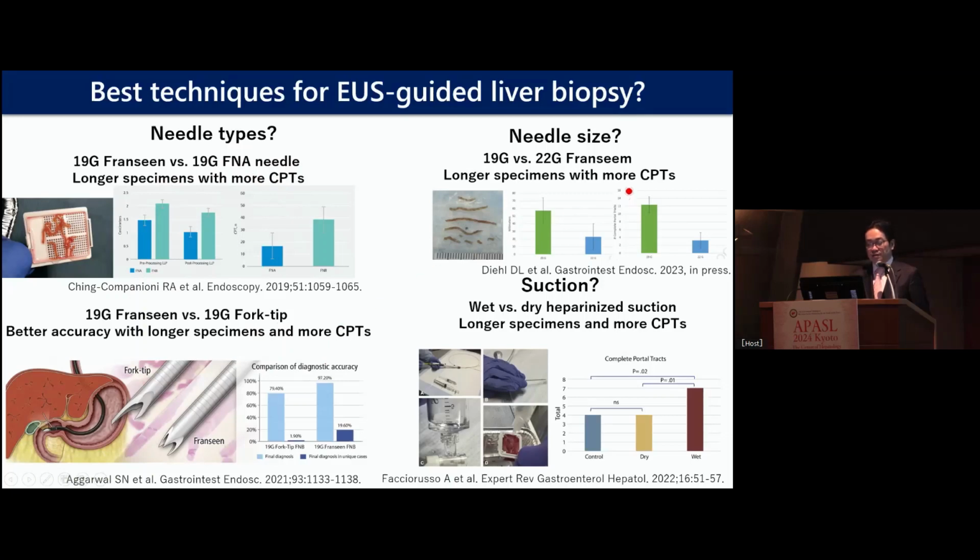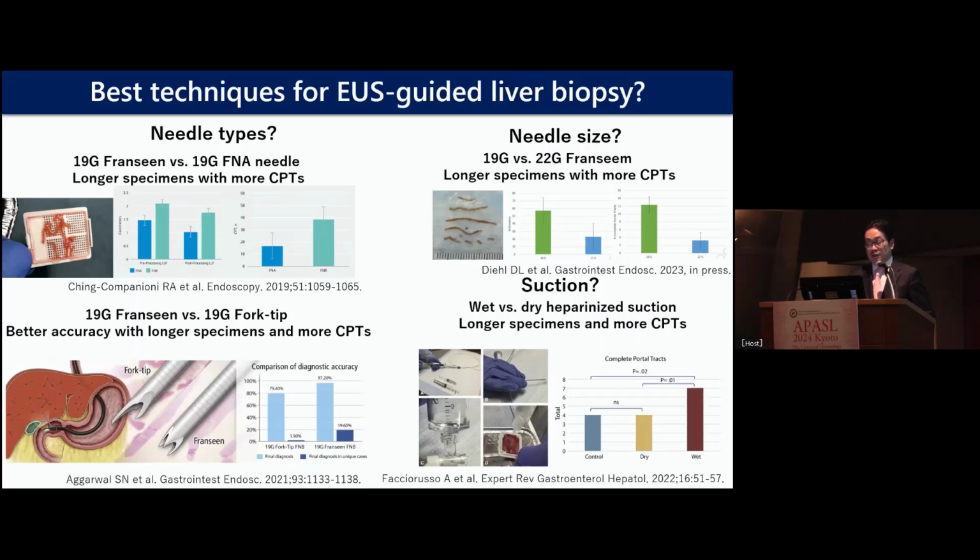And what is the best needle size? We usually use a 22-gauge needle for conventional EUS-guided tissue acquisition, but for liver biopsy we should choose a 19-gauge needle to get a longer specimen and more portal tracts. The suction method is also under debate.